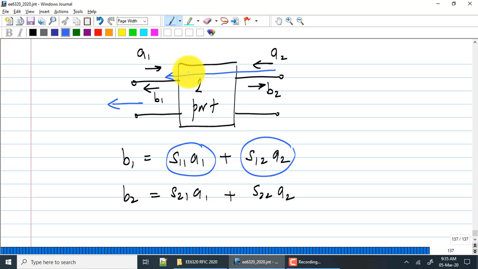If you had a unilateral block, if S12 was 0, S11 is of course B1 by A1, which is the traditional definition of gamma. Make sense? So just be careful.